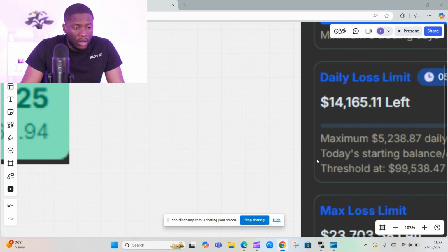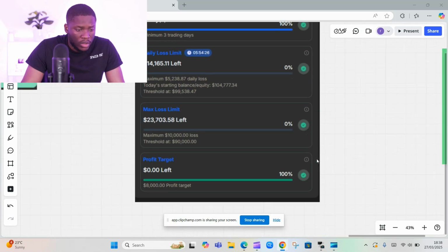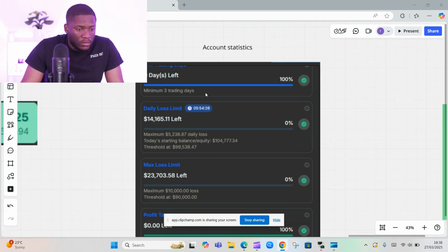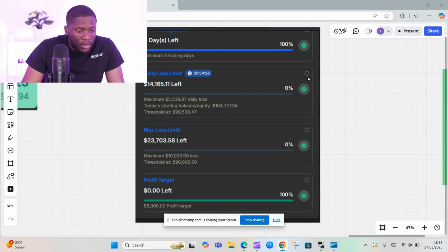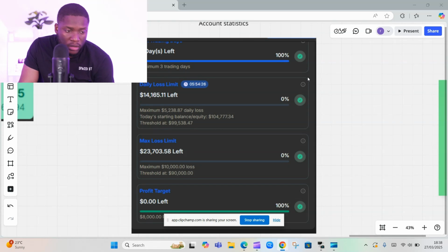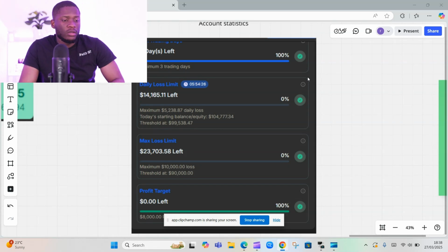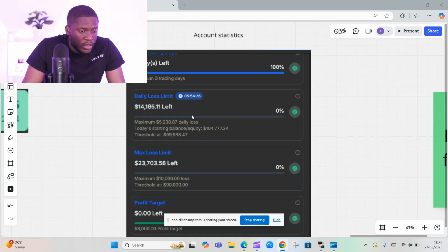So that's the P&L. You can see right here, this is the statistic for the account I was trading. I was trying to pass an account because I have a goal to reach $1 million in prop funding. So this is a 100K account. I just passed with that one trade.